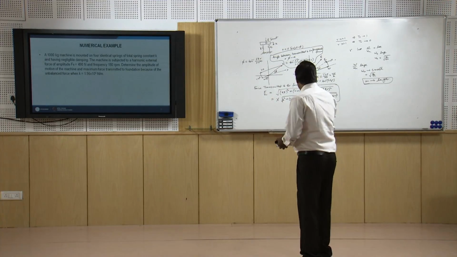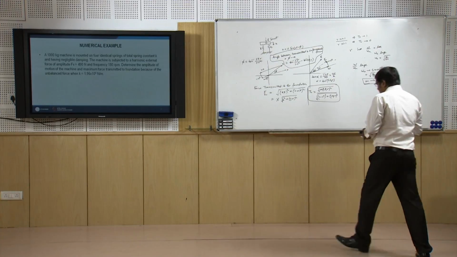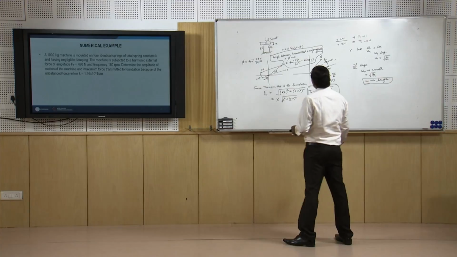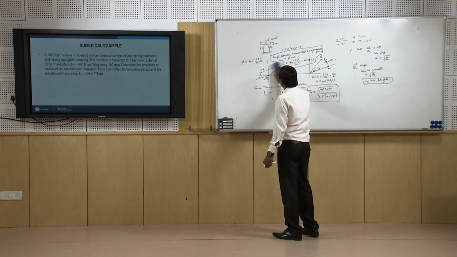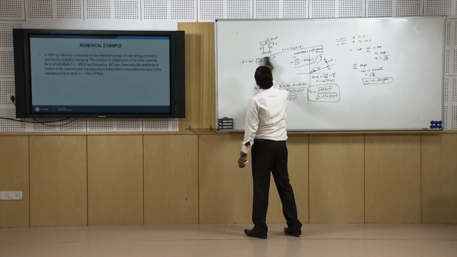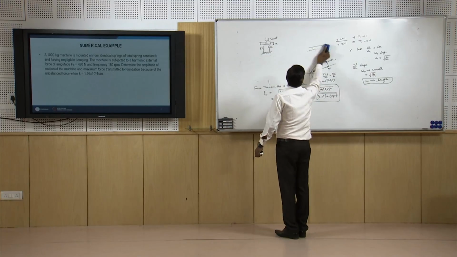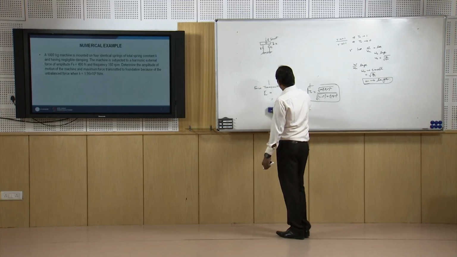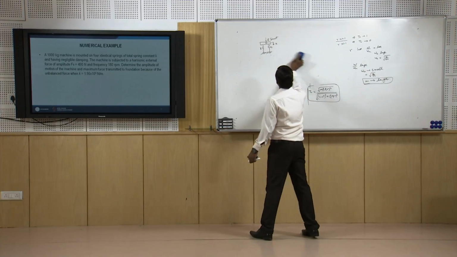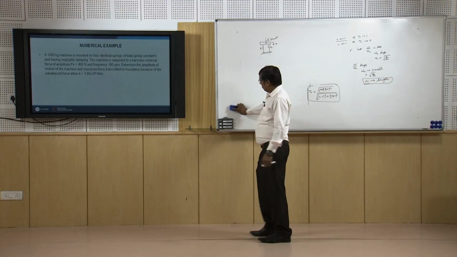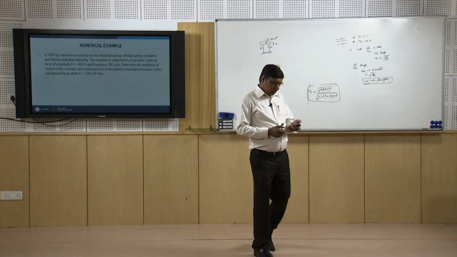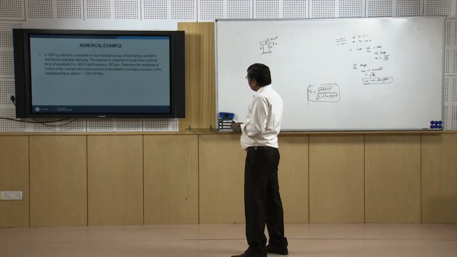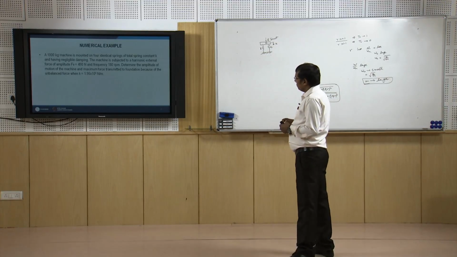So now we take one numerical example to apply these expressions and to understand the concept in a better way. So let's start. We have a 1000 kg machine mounted on 4 identical springs.